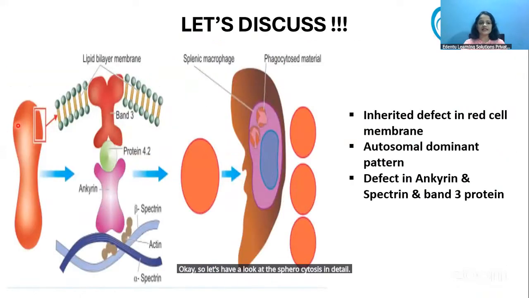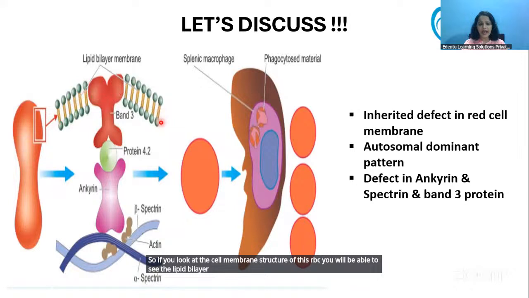This is the biconcave shape of a normal RBC. If you look at the cell membrane structure of this RBC, you will be able to see the lipid bilayer and special proteins.